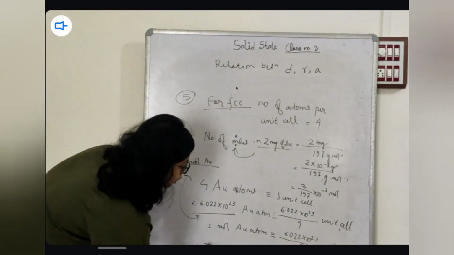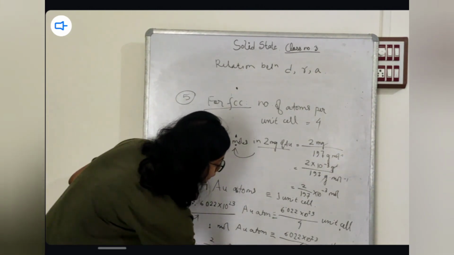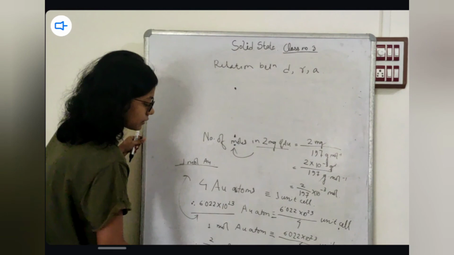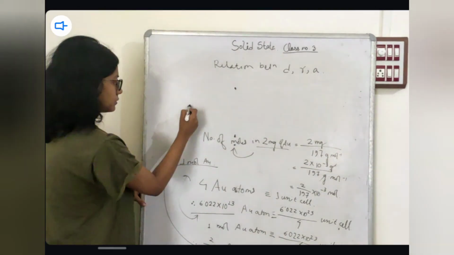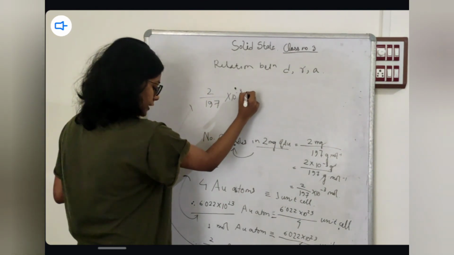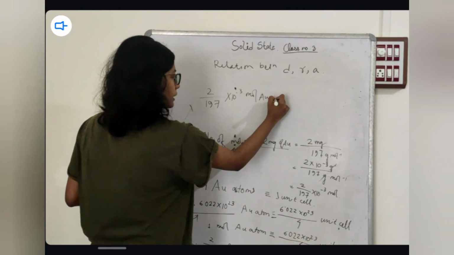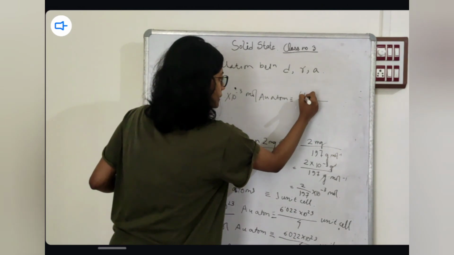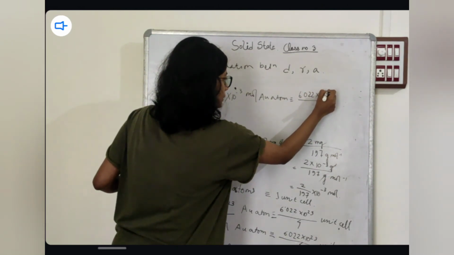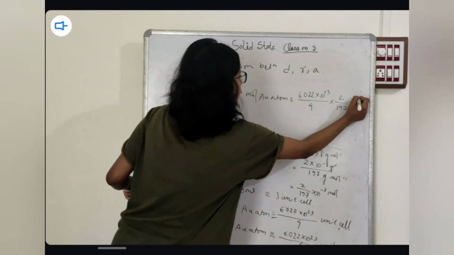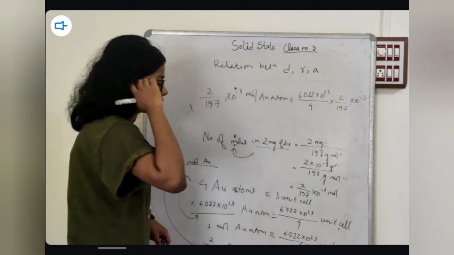It is 2 by 197 into 10 to the power minus 3 mole gold atom, which is equivalent to, since 1 mole is there, 6.022 into 10 to the power 23 by 4 into 2 by 197 into 10 to the power minus 3 unit cells.